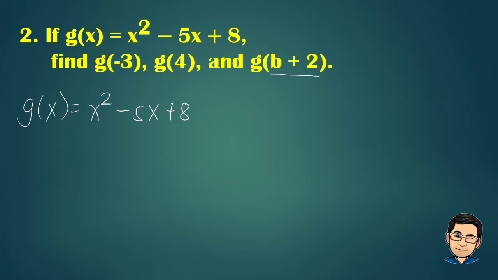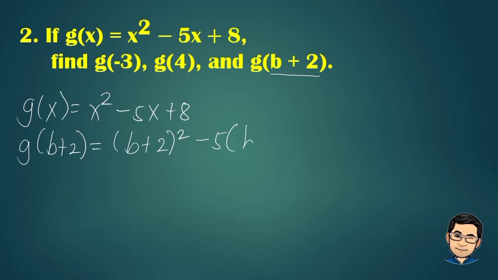Okay? So, g of b plus 2. So, kung paano natin sinasubstitute using numbers, integers, fractions, decimals, ganun din yung pagsasubstitute kapag expression na. So, magiging b plus 2, then squared, minus 5 times b plus 2 plus 8.